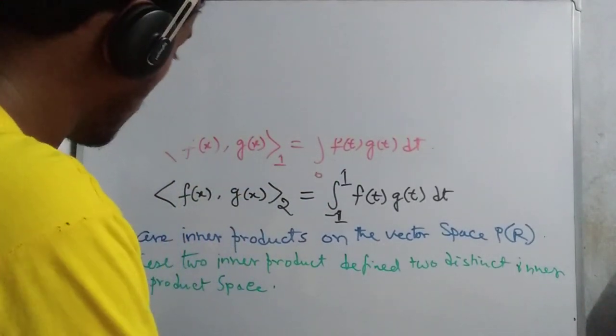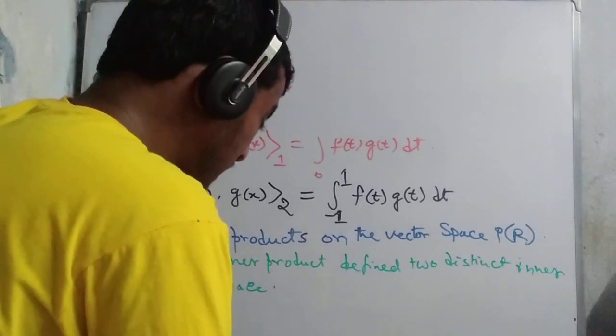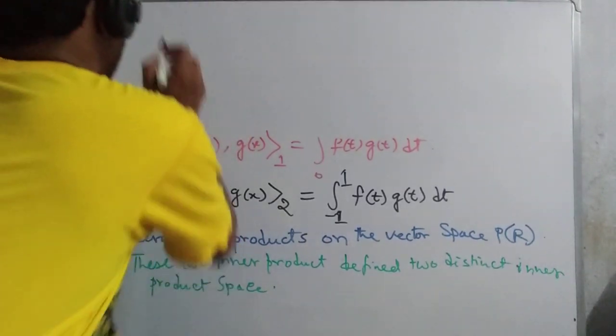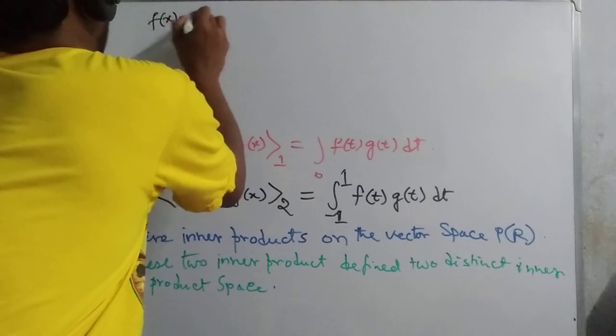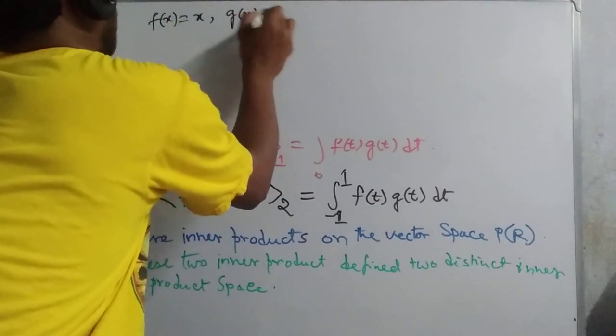But we take here f(x) equal to x and g(x) equal to x squared.